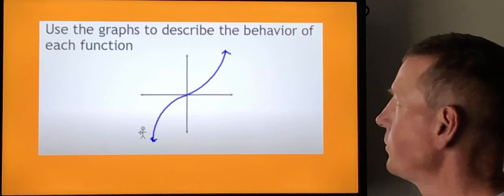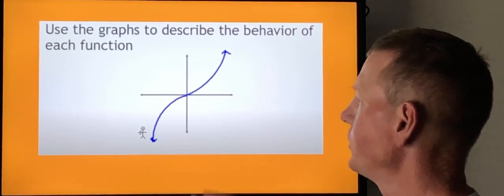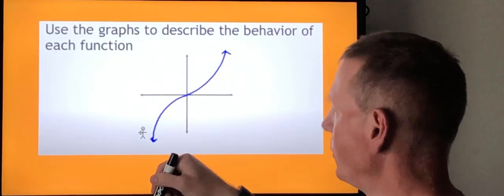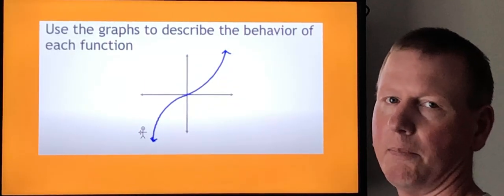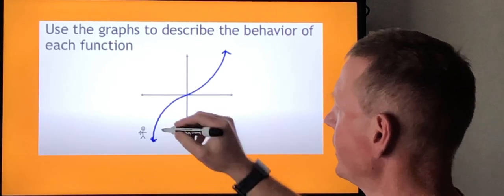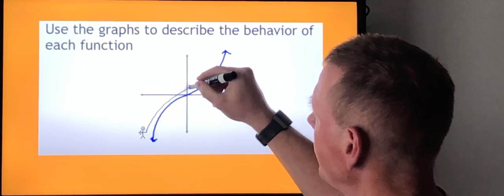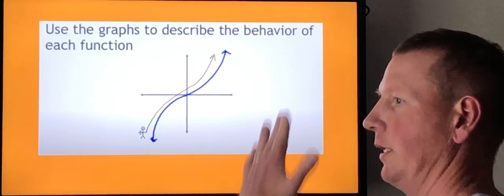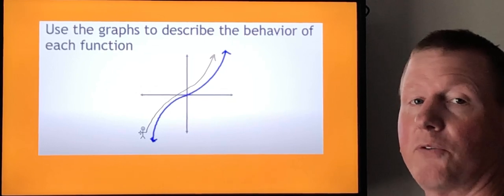It says use the graphs to describe the behavior of each function. So you'll notice on this particular curve we do have arrows, which indicates that it does continue this way infinitely, and it does continue up infinitely. So I've drawn my little stick figure guy here. Basically, as my stick figure guy goes to the right, he continues on this particular graph to go up. So we would consider that to be an increasing situation for the whole graph.